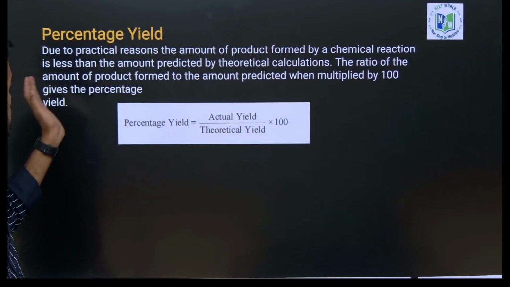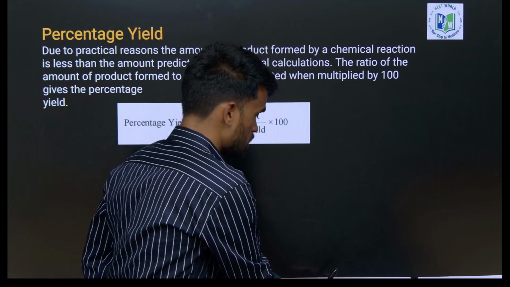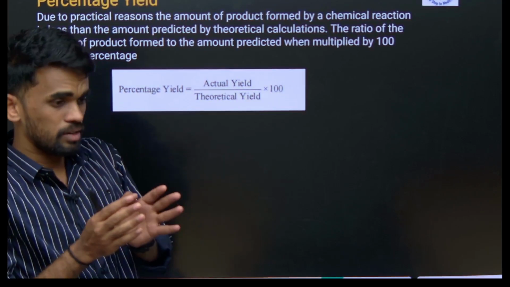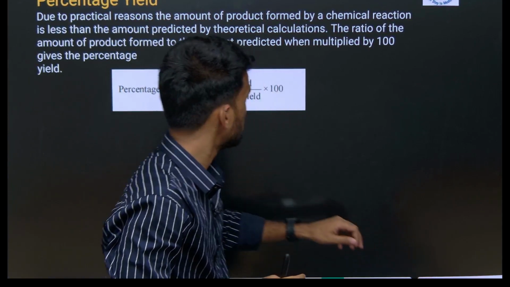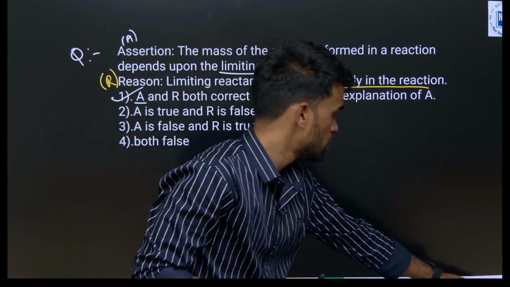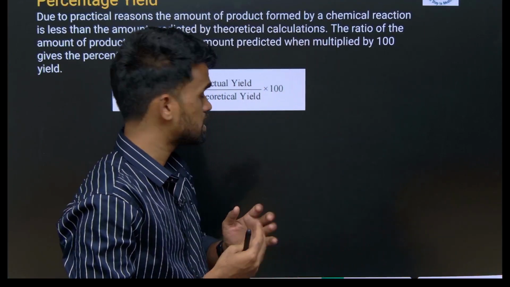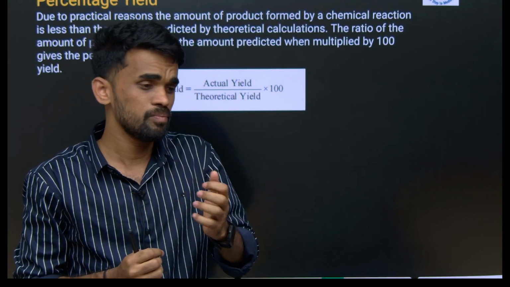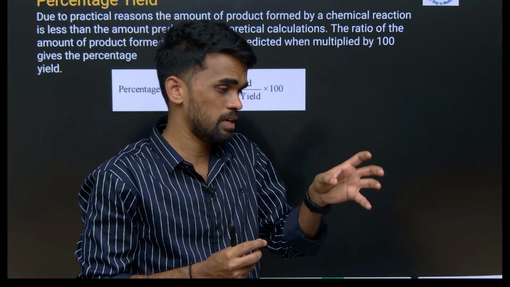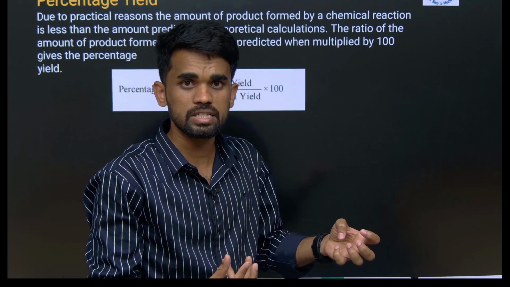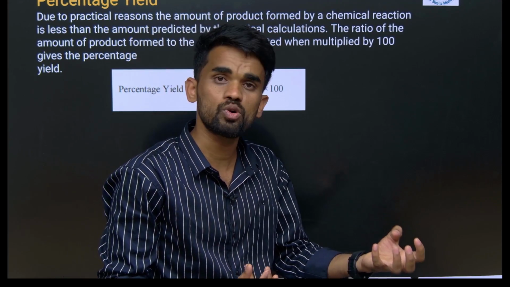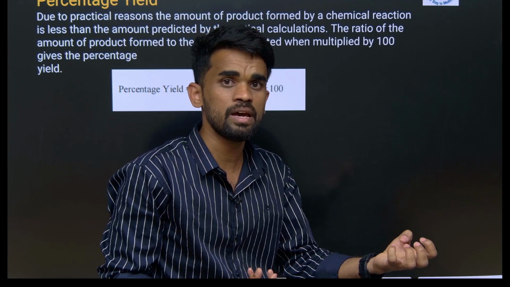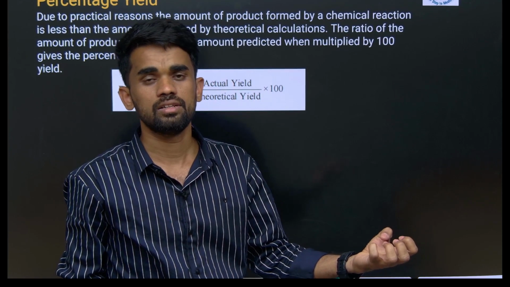Okay. Then next, what about percentage yield? So during some chemical reactions, what happens? See, whatever theoretical calculations we have studied, if we compare this with practical experiments, the practical product formed, the amount of yield obtained in the real sense, will always be lesser than the theoretical one.